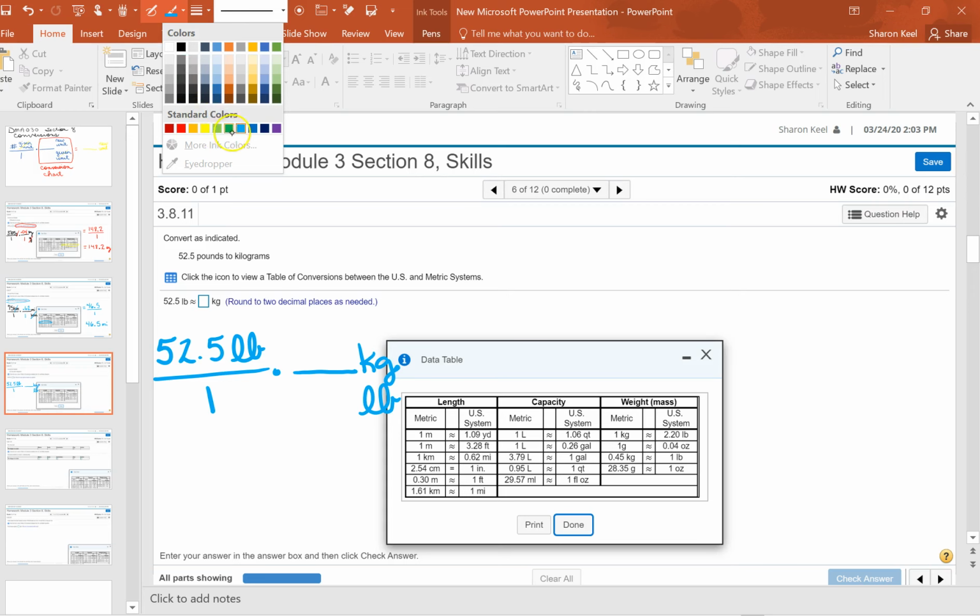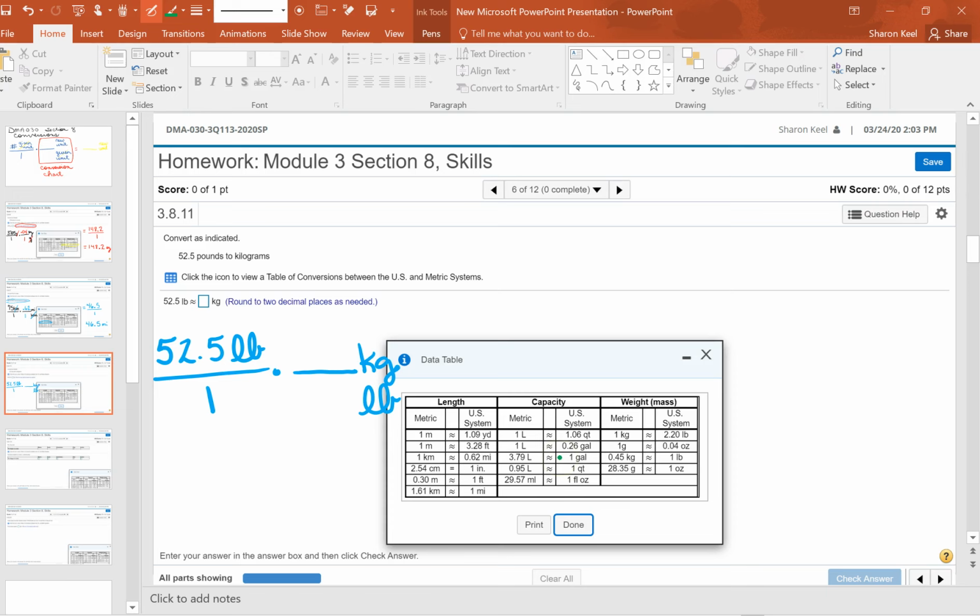So we're going to come here and find pound. Here we go. Pound and kilogram. So 1 kilogram is 2.2 pounds. So pound and pound, the units cancel. 52.5 times 1 is 52.5. And 1 times 2.2 is 2.2.